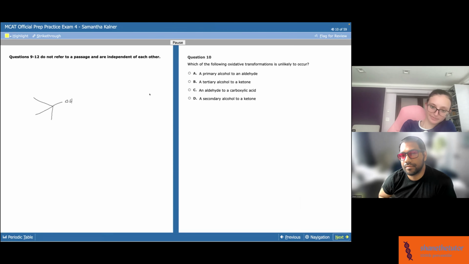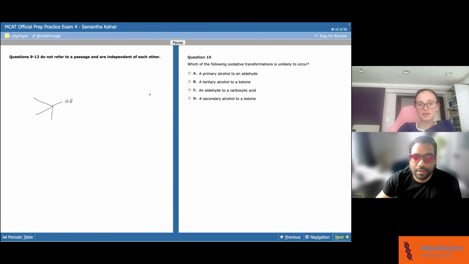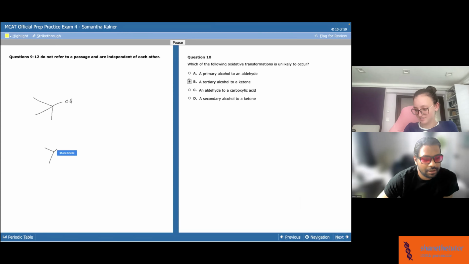I'm gonna guess D. Yeah, D can happen, and tertiary is the one that can't. Can you explain that? Yeah. A primary alcohol has a hydrogen here, right? If it gets oxidized, we increase bonds to oxygen, so that would be an aldehyde, which makes A correct.